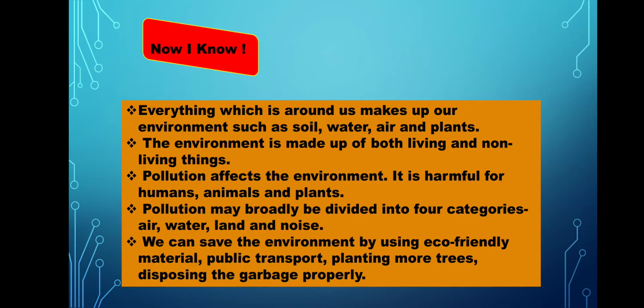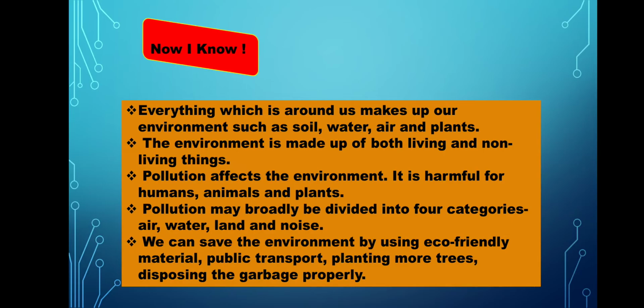Now we have already reached the end of the chapter. What are the things that we have already learnt in the chapter? Let's see. Everything which is around us makes up our environment, such as soil, water, air and plants. The environment is made up of both living and non-living things. Pollution affects the environment.